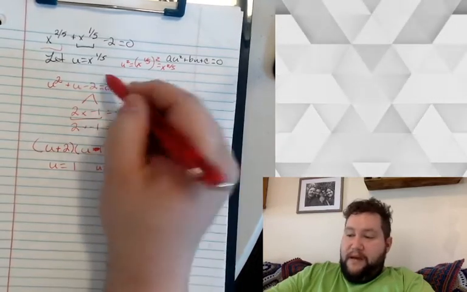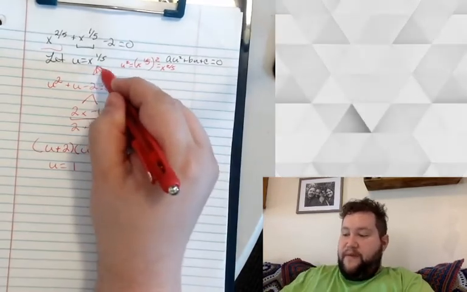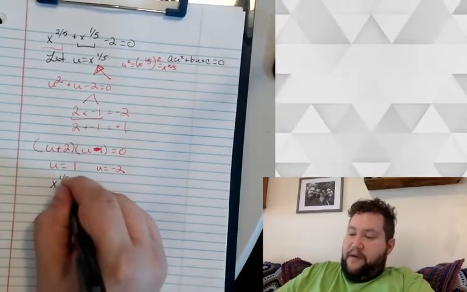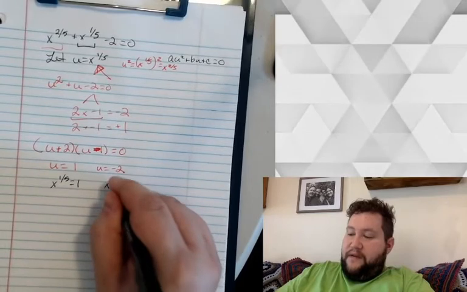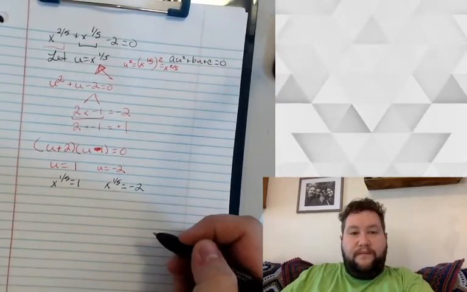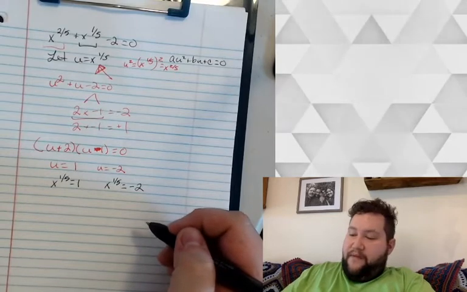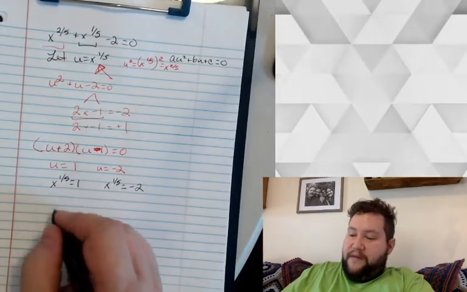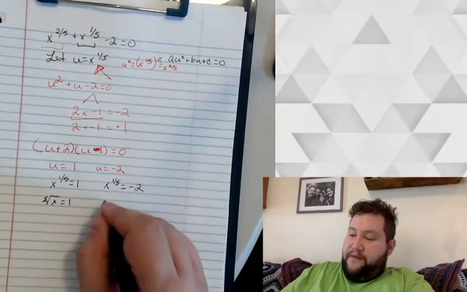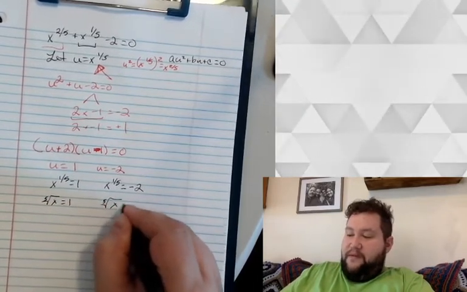Remember, we care about x. So that means x to the 1/5 equals 1, or x to the 1/5 equals negative 2. And if it's helpful, remember x to the 1/5 means the 5th root of x is 1, and the 5th root of x is negative 2.